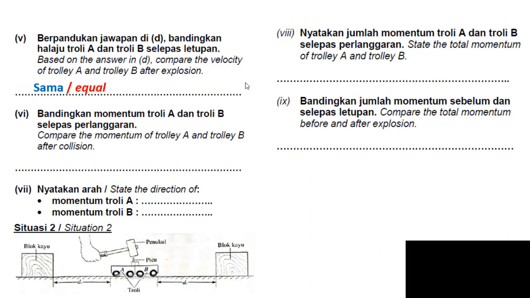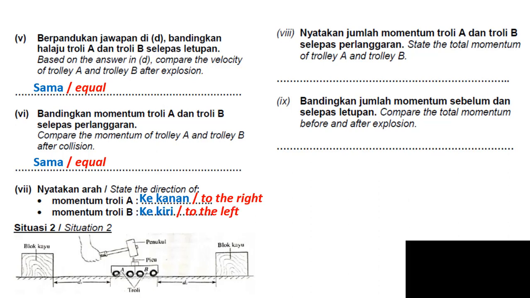Now compare the momentum of trolley A and trolley B after explosion. They will be equal because both have the same mass and the same velocity, and the momentum is mv, so they are both equal. The direction of momentum of trolley A should be to the right, and momentum of B should be to the left.